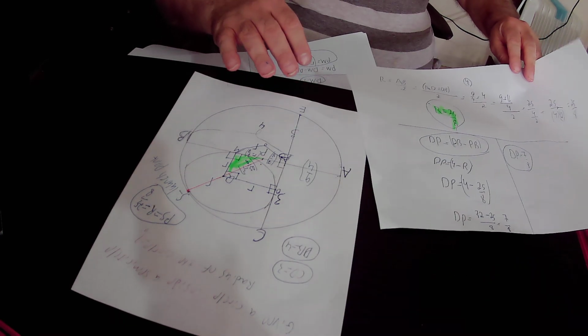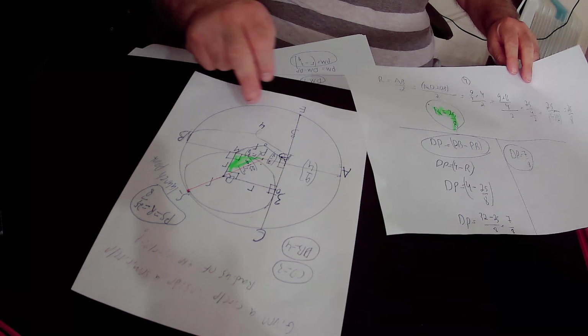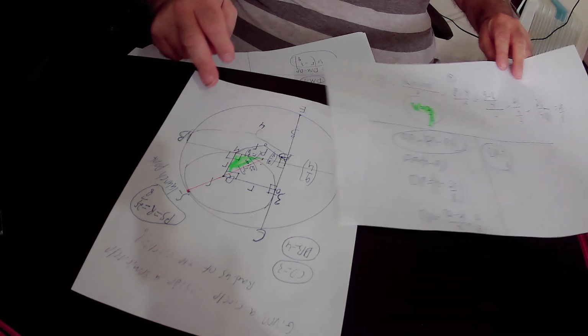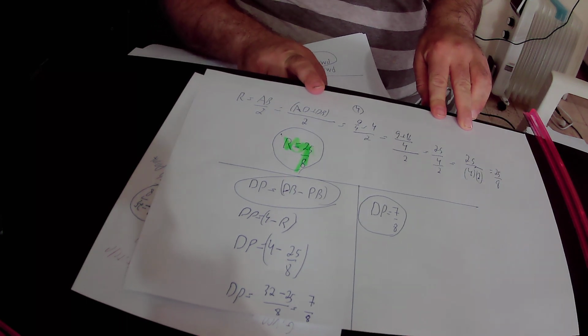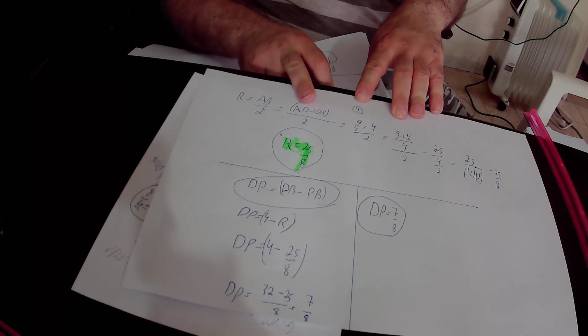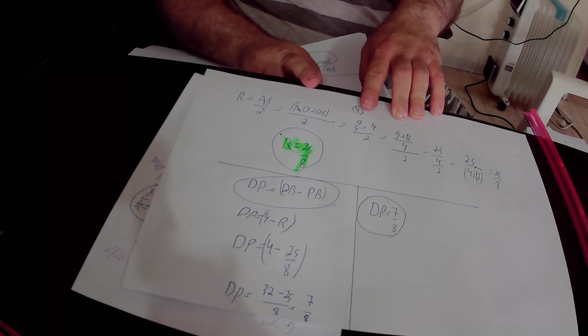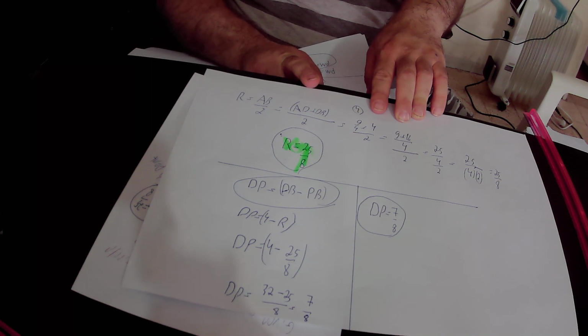Here we know that AB equals AD plus DB. So we substitute AB by AD plus DB, all divided by 2. AD equals 9 over 4 units. DB equals 4 units according to what is given in the question, all divided by 2.